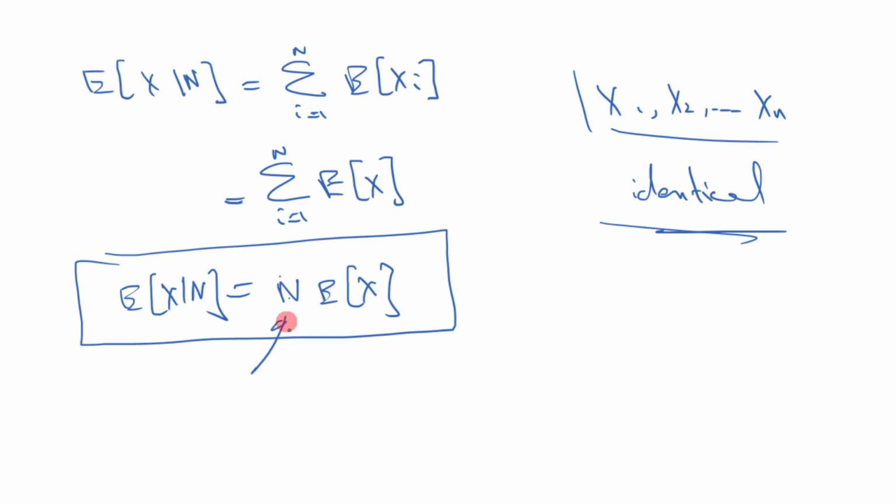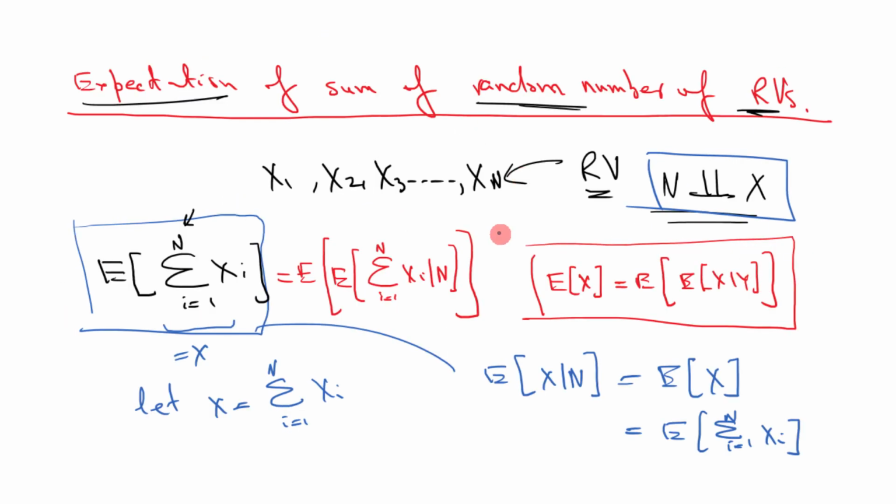But here this n is also a random variable which is independent from this x. So let us put this expected value of x given n in this expression, then we will find this expected value of x.